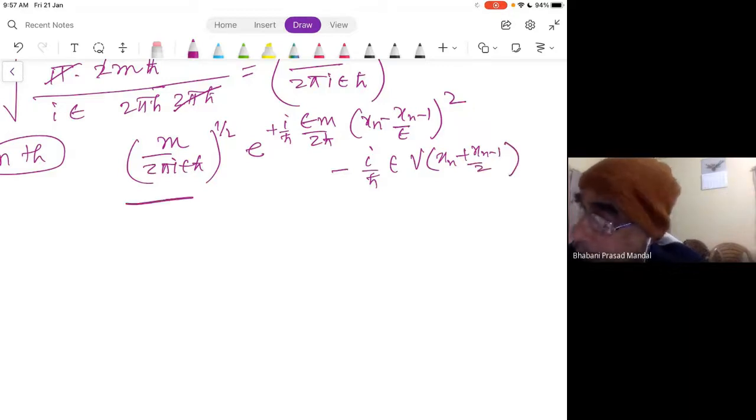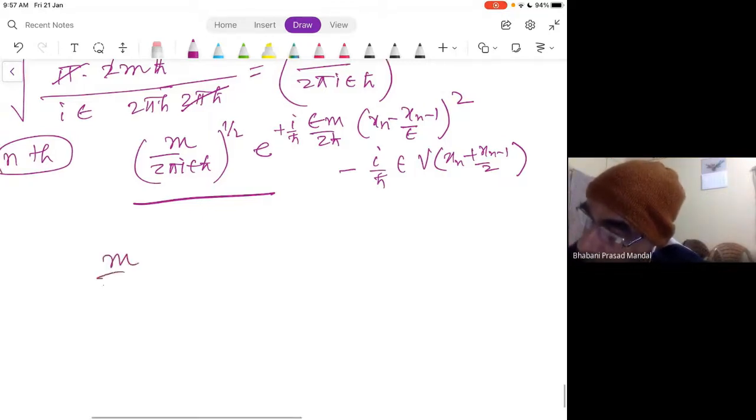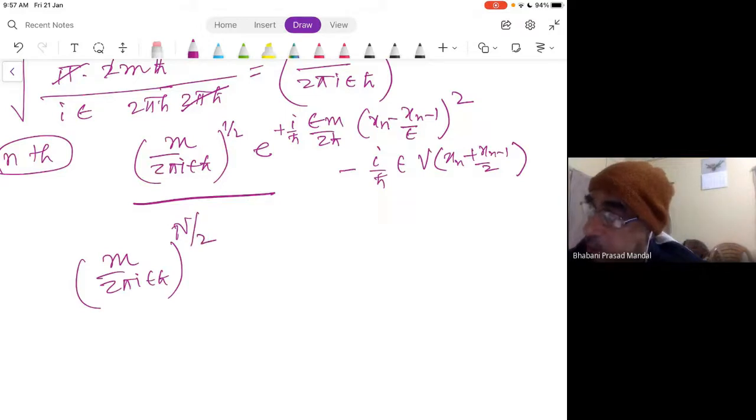Now this is only the nth product. So if you go back to the product of all this, your factor will be (m by 2π i ε ħ) to the power n by 2, because there are n such factors. So this and this will be the sum to the power i ħ, sum over n.